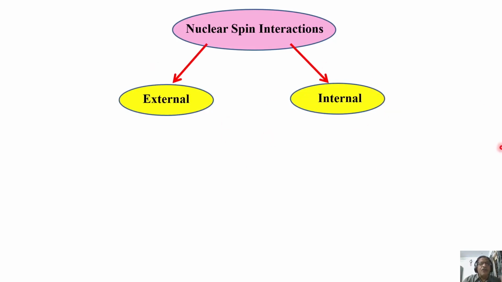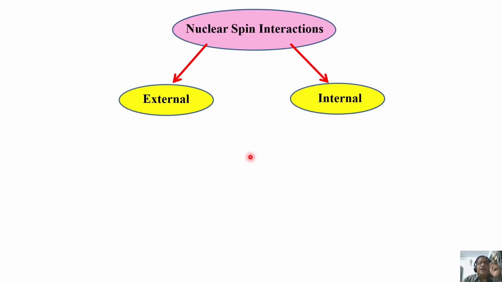Now the question is, what is an external interaction? Of course, we all know this. I have been discussing this since the last several classes. The first external interaction, you must remember, is that the moment you put the magnetic moment, that is the nuclear spin, in a magnetic field, there is an interaction of this nuclear magnetic moment with the external magnetic field.